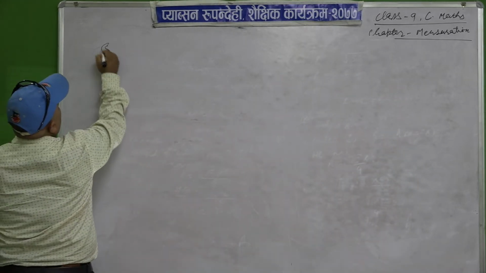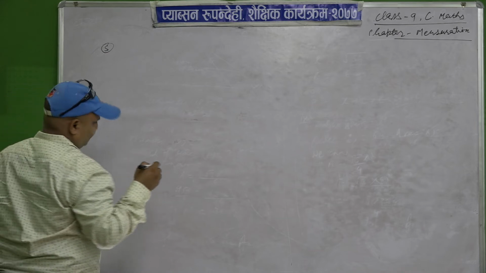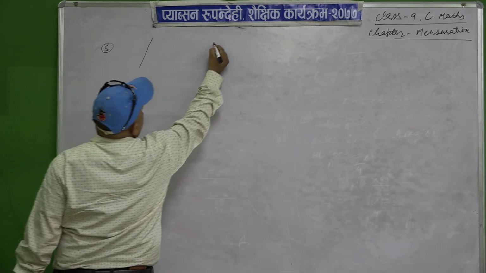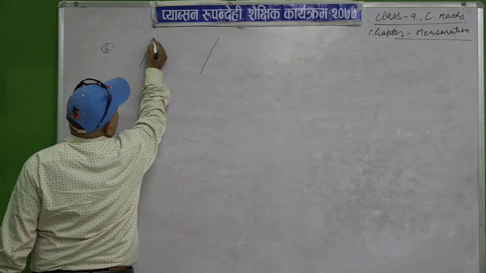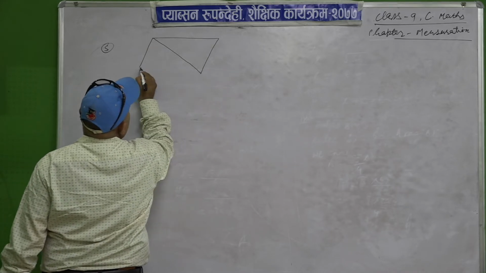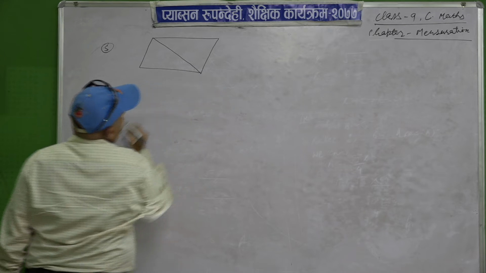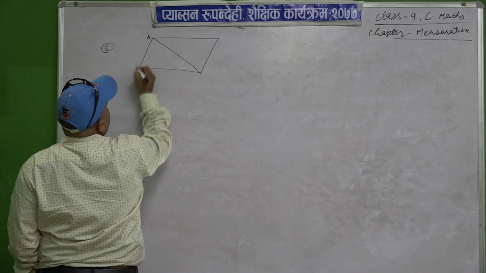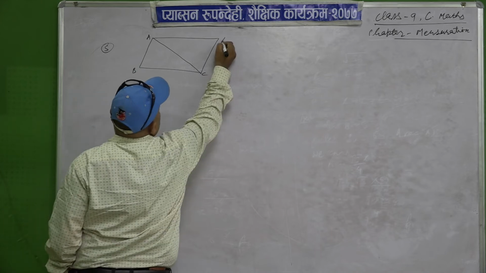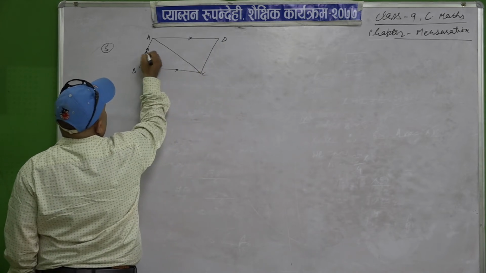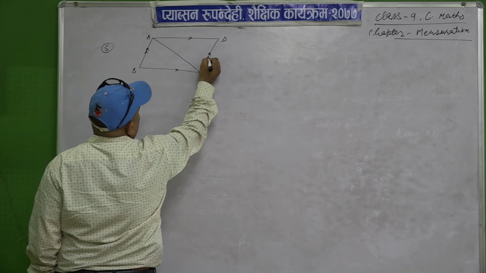The fifth question is of a parallelogram. Suppose this is A, B, C, D. These sides are parallel, and these sides are parallel.